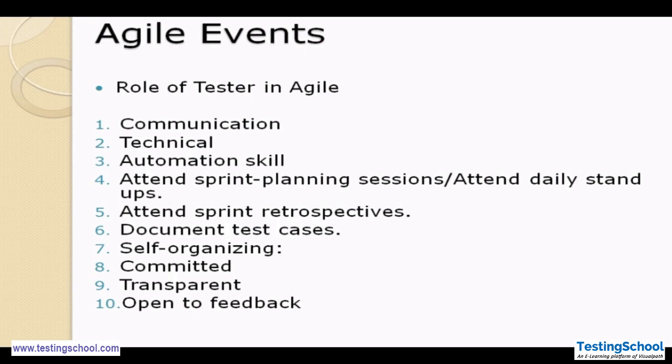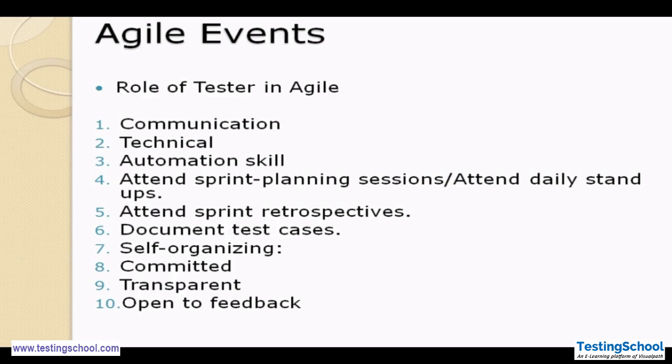Then open to feedback. If a team meeting is going on, then he should give feedback to the team, like what is going good in the team and what is not going good in the team. So he should be open to feedback also.